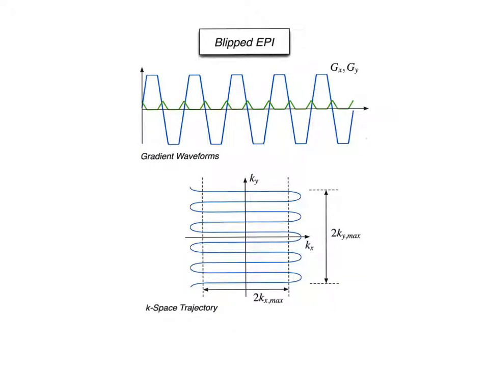And here's an example of a blipped EPI set of gradient pulses in the k-space trajectory, which has the same parameters defined, right? We're playing both the positive and negative lobes of the gradients, which are the same, and we have blips in between each lobe. And that traces out a Cartesian grid in k-space, where we have potentially independent resolutions in ky and kx.